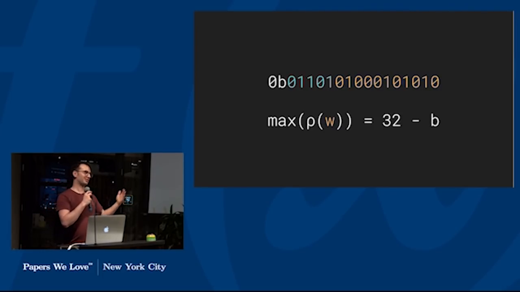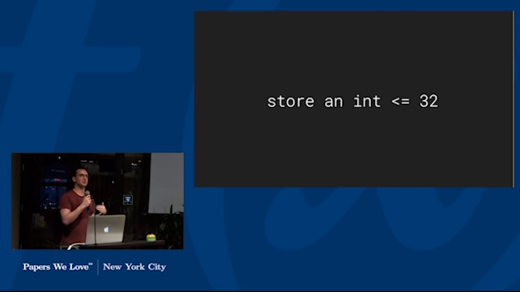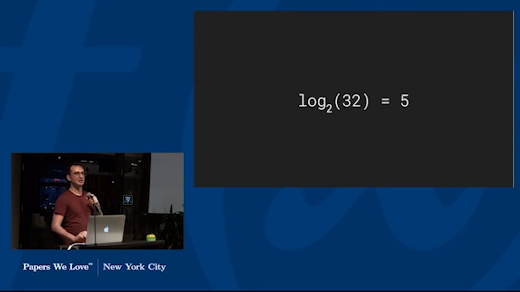We can only have a run as long as the number of bits we have. So for each observable, all we have to do is store an int less than or equal to 32. If we pick no partitions, we put this all in one stream and accept a really bad estimator, that will have 32 orange bits. So that observable can be 32. So again, our storage is all we've got to do for each experiment is store an int less than 32.